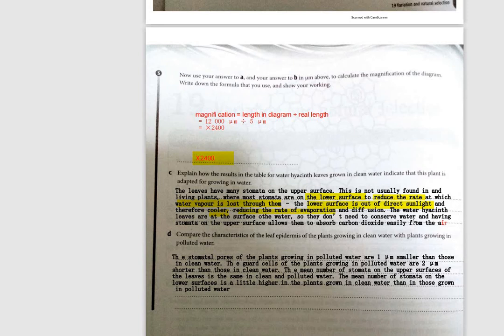So it's pretty much easy to understand how you have to explain. You basically have to explain from the table above, but you have to use your knowledge of what difference it makes to the diffusion, evaporation, transpiration, what happens to these three rates when there are more stomata in the upper epidermis than in the lower epidermis.